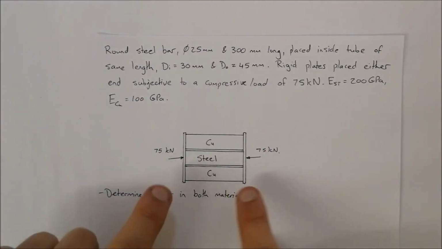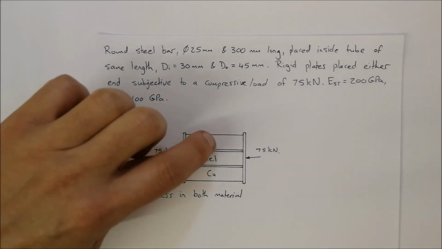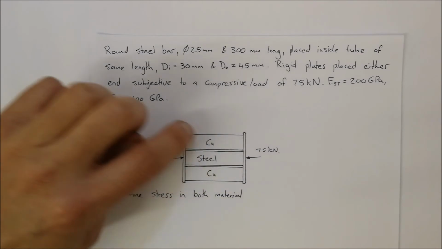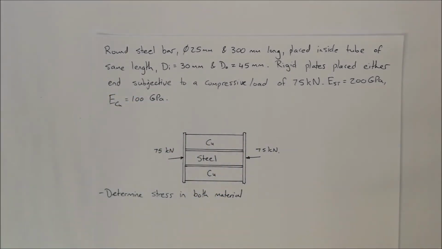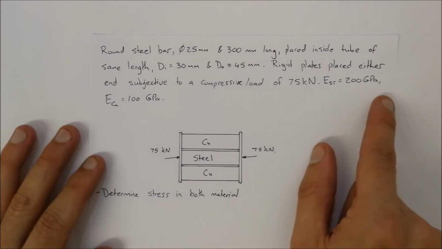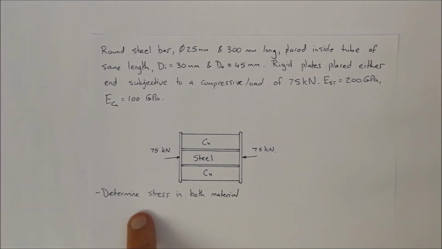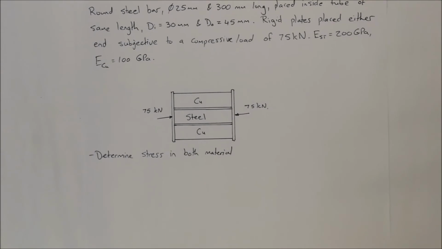These rigid plates are not doing anything, they're just distributing the load to make sure that the same load is on the copper pipe as well as on the steel bar in the center. We're told that the E of steel is equal to 200 gigapascal and the E of copper is 100 gigapascal. Determine the stress in both materials.